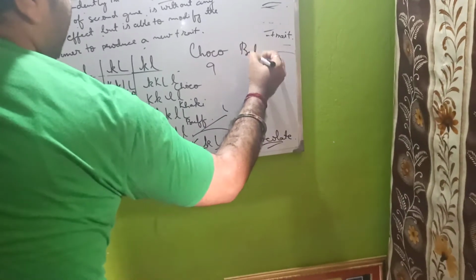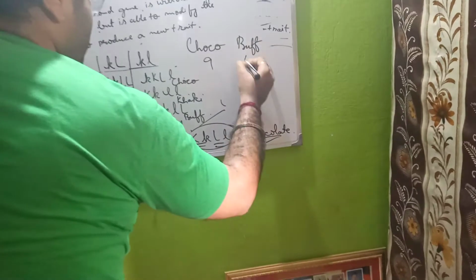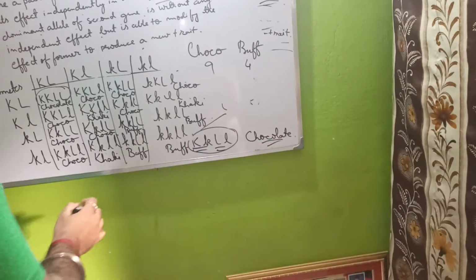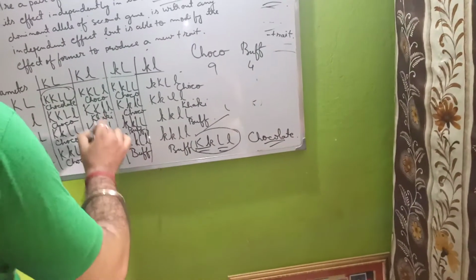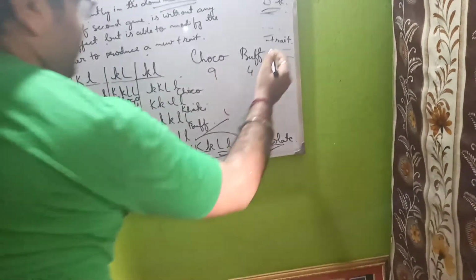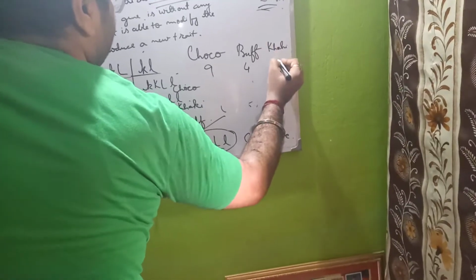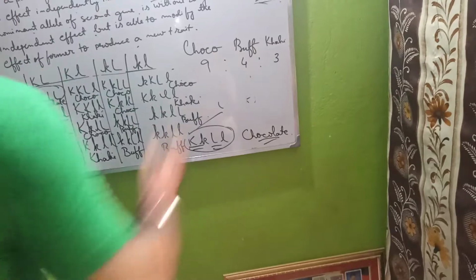Buff color we are getting over here 1, 2, 3, 4. And khaki color we are getting over here 1, 2, and 3. So the ratio is 9:4:3.